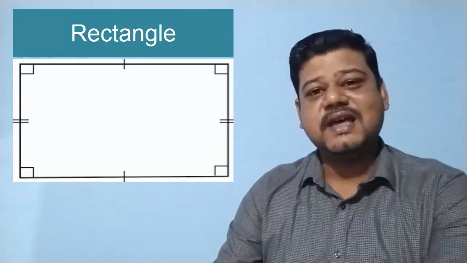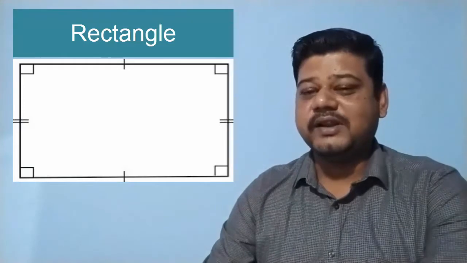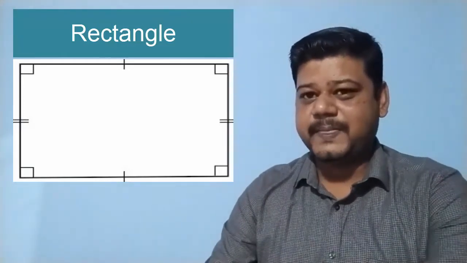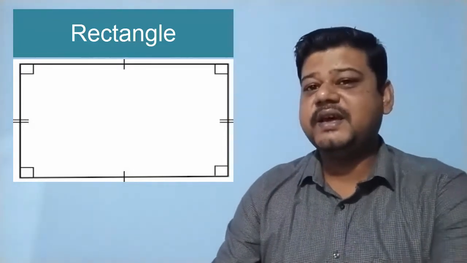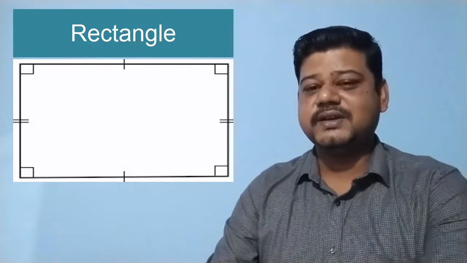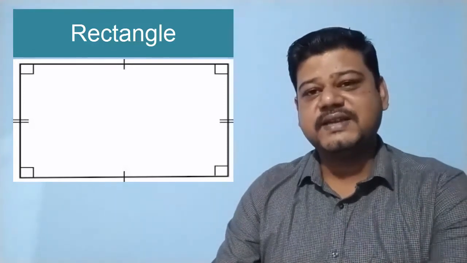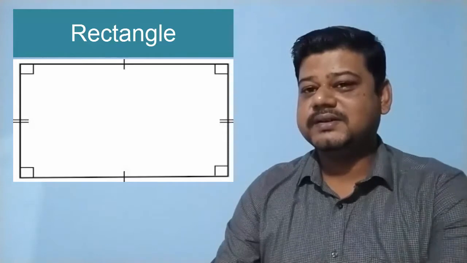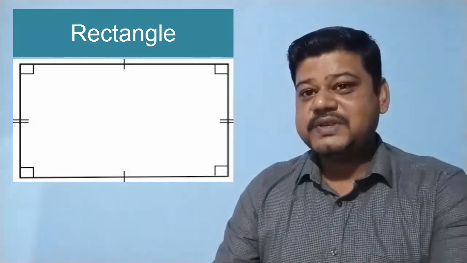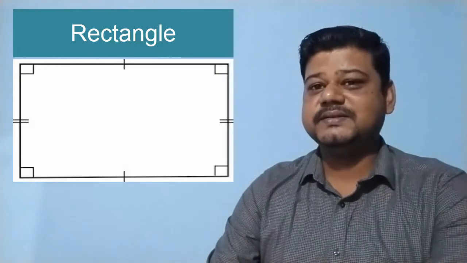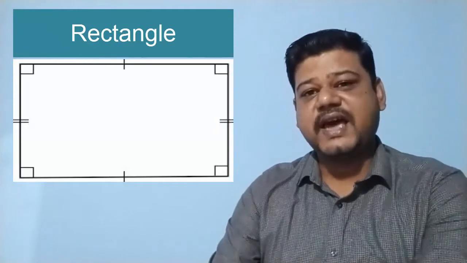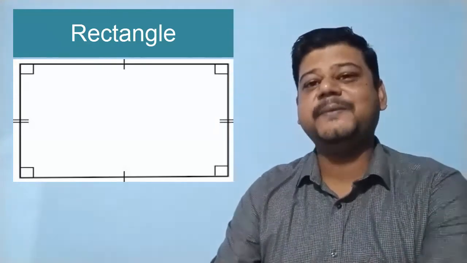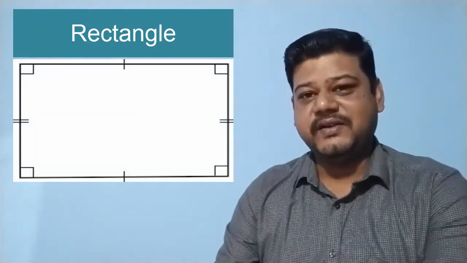Now, in a parallelogram, if all the angles are 90 degrees, then we are going to call it a rectangle. So, what we can say is that a rectangle is a quadrilateral in which both the pairs of opposite sides are parallel to each other, the opposite sides are equal to each other, and all the angles between two adjacent sides are 90 degrees.